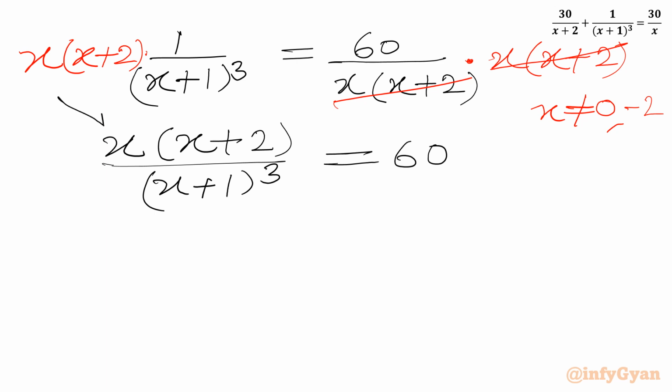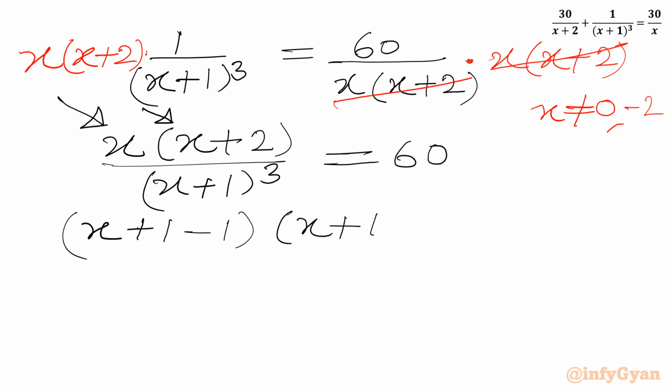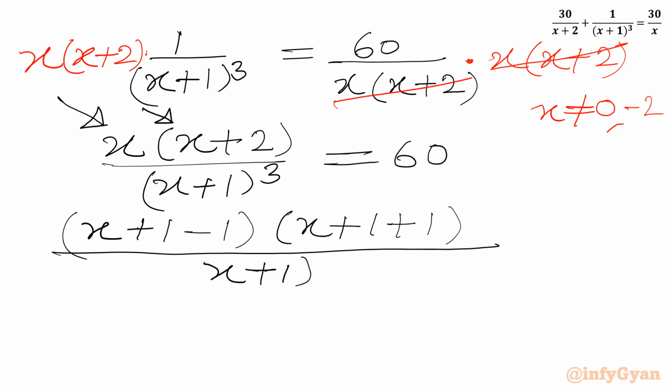Now I can write this x as x plus 1 minus 1. So we added 1 and subtracted 1. Now second bracket x plus 2 will be writing x plus 1 plus 1. Denominator is (x plus 1) whole cube. RHS is 60.